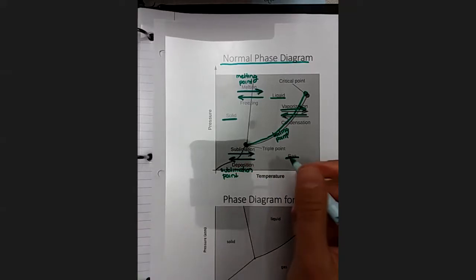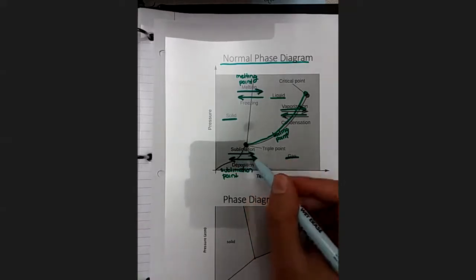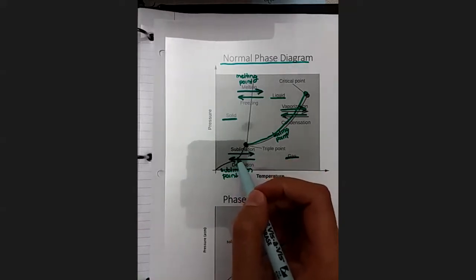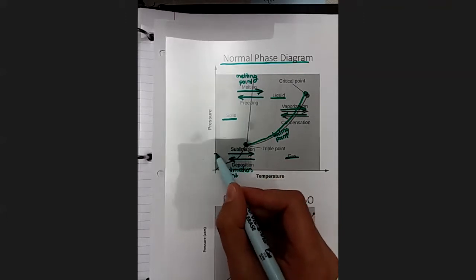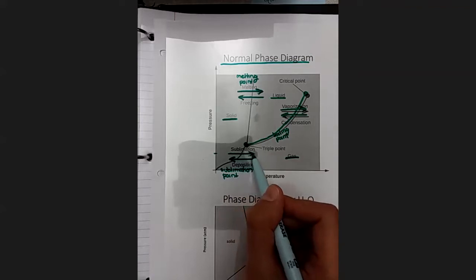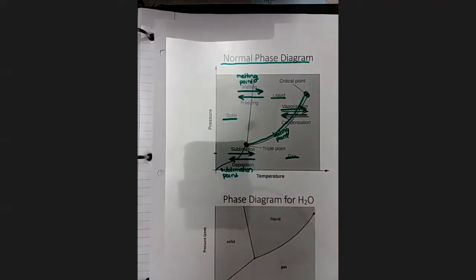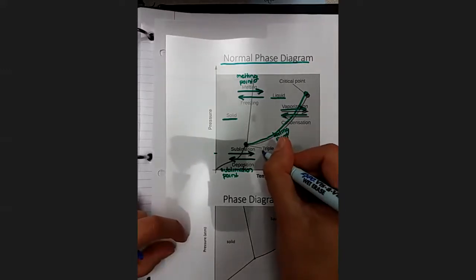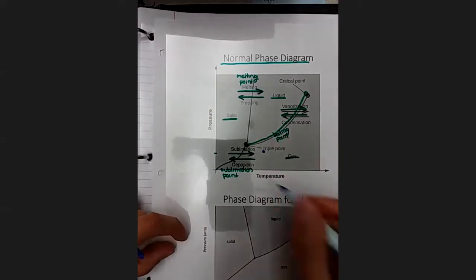And notice that the way that we're making these transitions, the way I'm drawing these arrows, they're horizontal flat lines. So I'm picking a particular pressure and I'm changing the temperature to see what happens. If we wanted to, we could also draw a constant temperature line. We could say, what if we have something at a particular temperature?